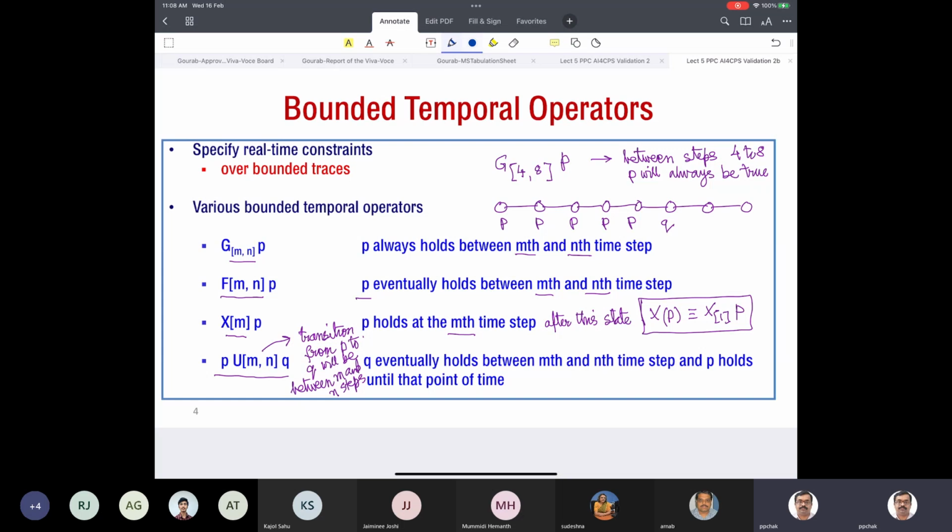F M N P means that the property P holds somewhere between M and N. It may hold everywhere, but at least it holds in one of the points. X M P means it holds at the Mth step after now, and P until M N Q means that the transition occurs at that time.